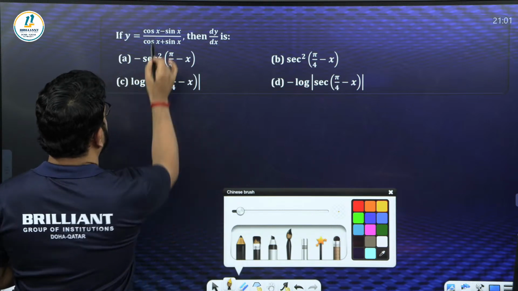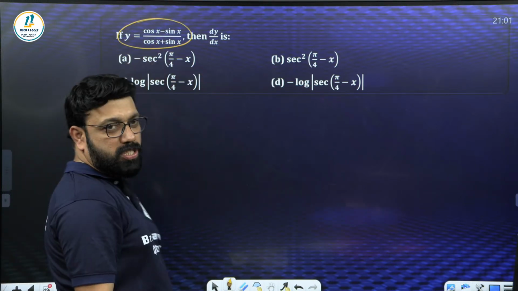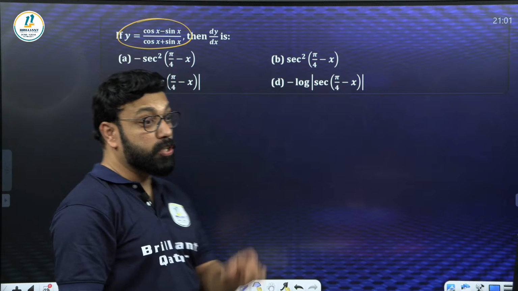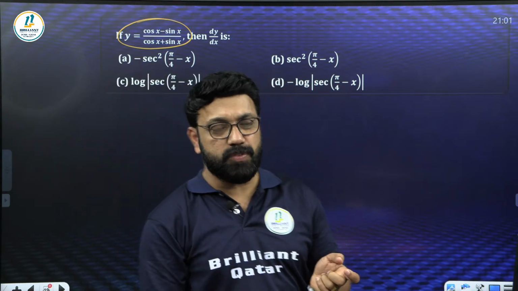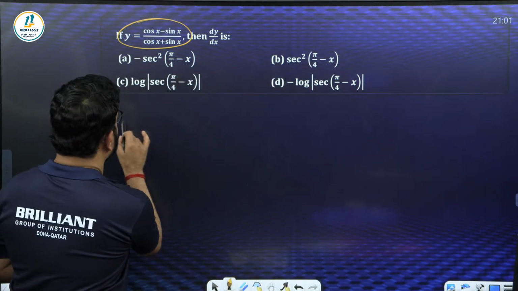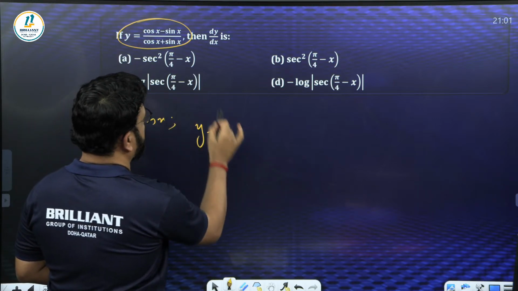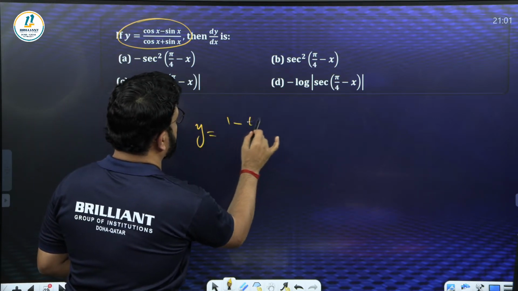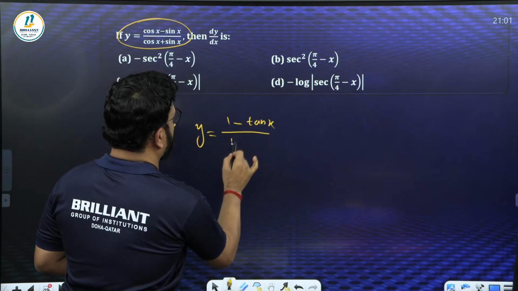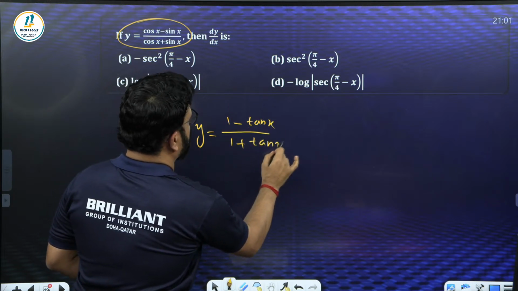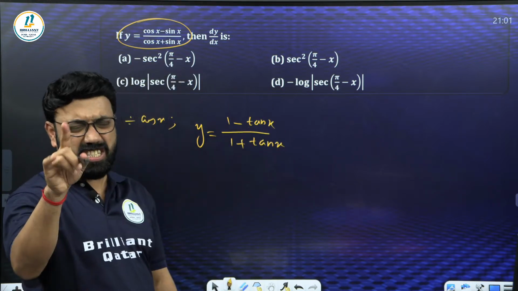How can we convert? Throughout divide by cos x. Quotient rule, if you are going, will take time. Instead of that one, we can convert to what? Throughout divided by cos x. Then function y goes to cos by cos 1, sin by cos tan x, cos by cos 1, plus sin by cos tan x. 1 minus tan x by 1 plus tan x, result is there.